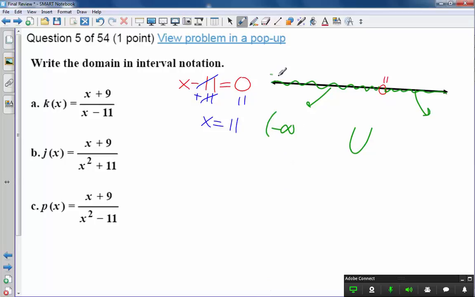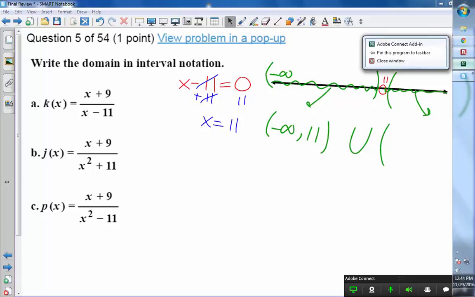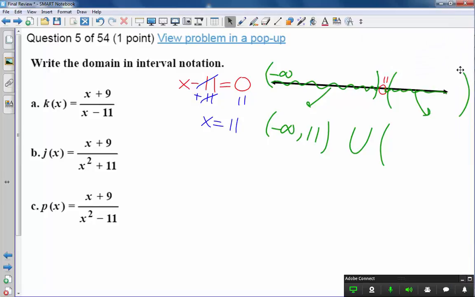Negative infinity up to 11, right? Do not include, because 11 is bad. We skip 11, restart, and go to infinity on this side, 11 again on this side. So that's it for part A.